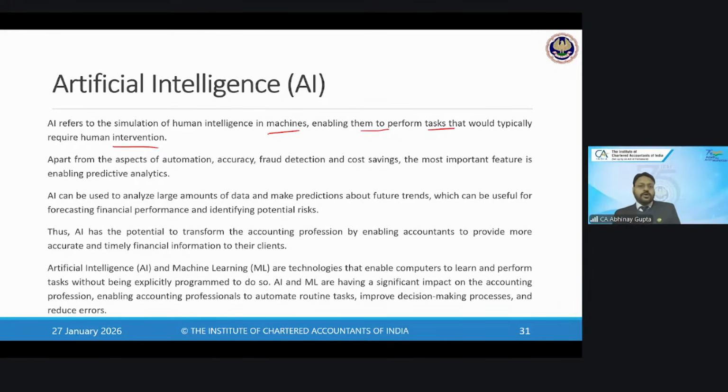Apart from the aspects of automation, accuracy, fraud detection, cost saving, the most important feature is predictive analysis. What is predictive analysis? Estimation, right? Future estimate, future prediction, what will happen in future, where we will reach, what is the budgeted number, and what would be the actual number which we are heading towards, right?